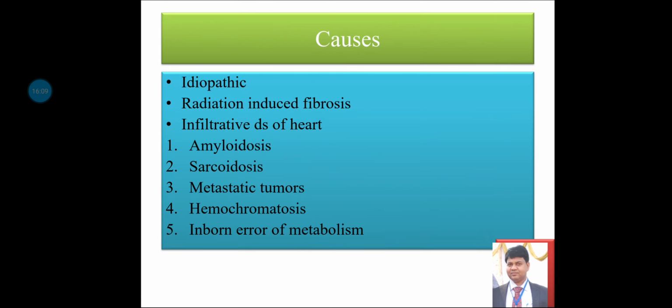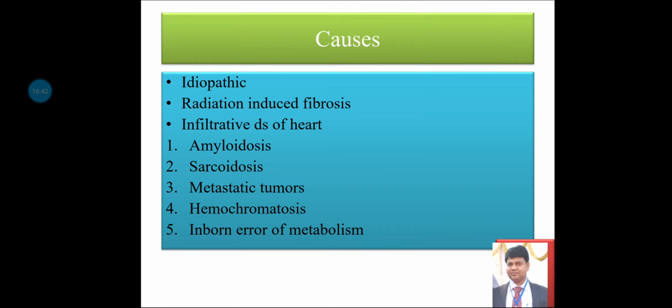If we go through the causes of restrictive cardiomyopathy, most of the causes are idiopathic, and one important cause is radiation-induced fibrosis. There may be infiltrative disease of the heart, where abnormal proteins or minerals infiltrate the myocardial muscle and restrict the function of the ventricles.